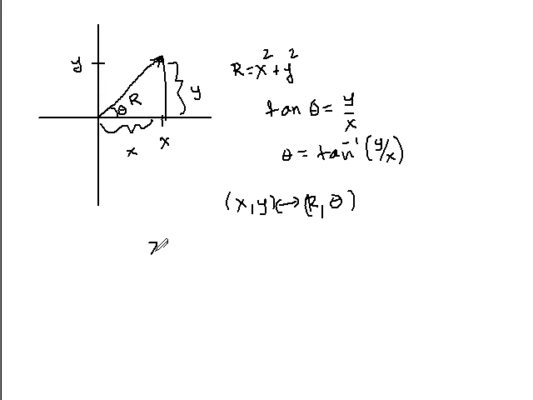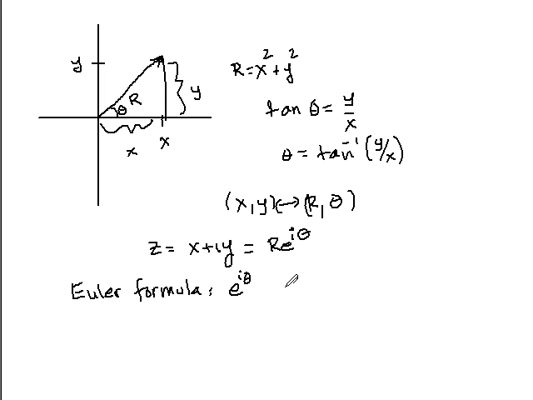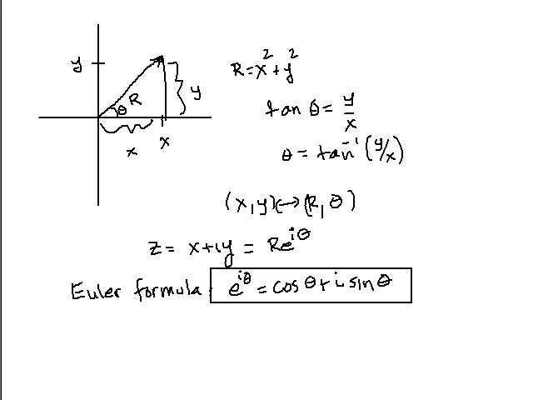And we can write z equals x plus iy as r e to the i theta. This follows because of the Euler formula, which you're all familiar with, namely e to the i theta equals cosine theta plus i sine theta. There are various ways of seeing how this main identity works.